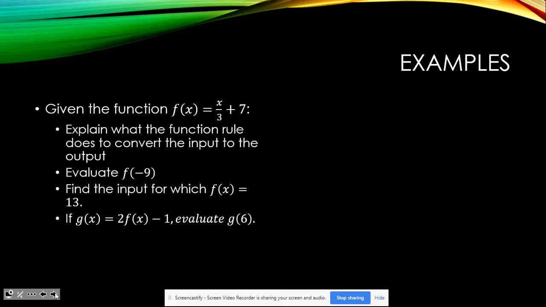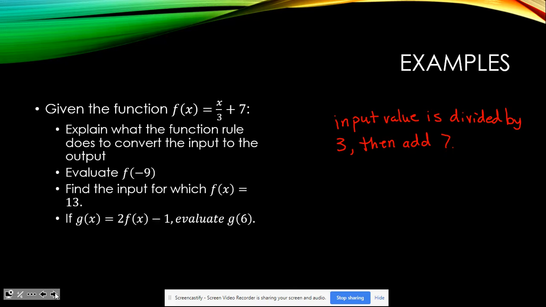Here are your answers. To start, what we do with the function, it takes the input value, and that is divided by 3. Then add 7.